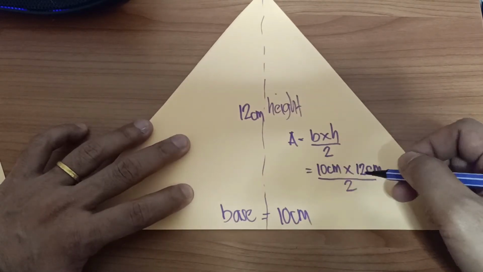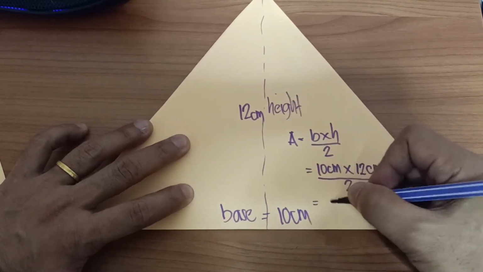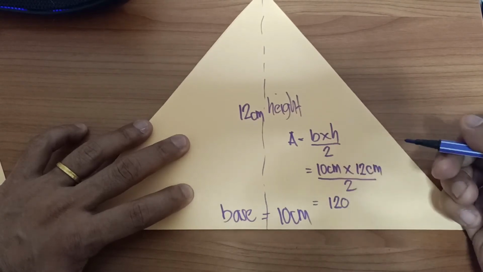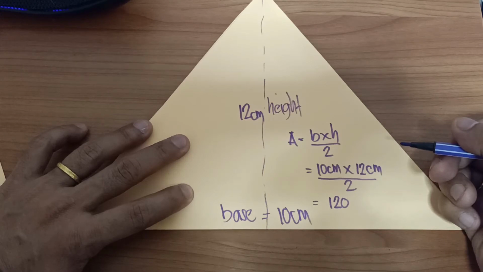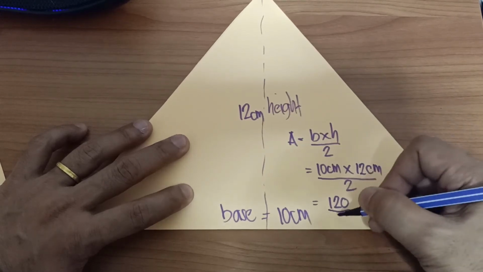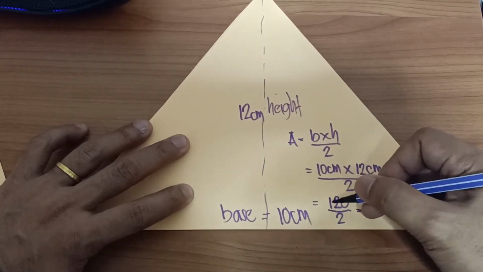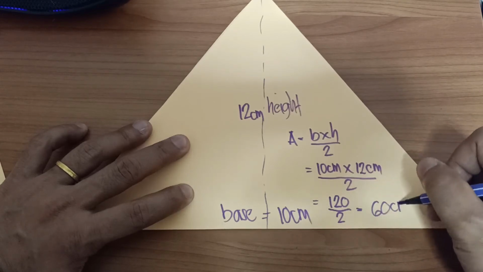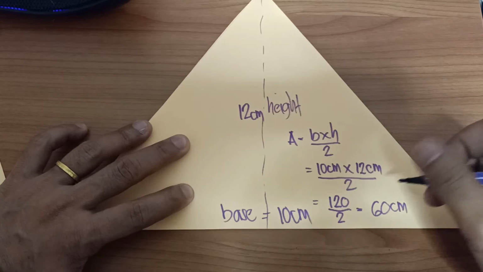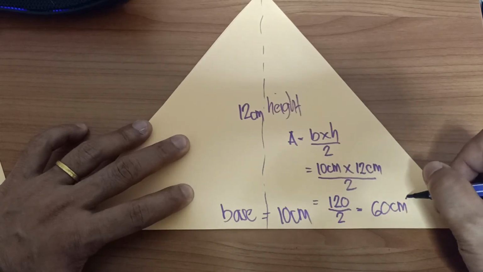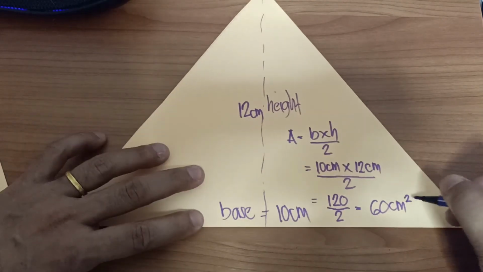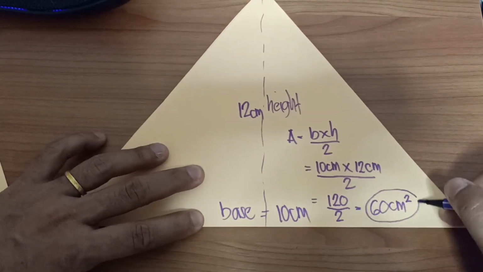What is 10 times 12? 10 times 12 is 120, divided by 2. So 120 divided by 2 is 60. Remember, this is area, so your answer will be in square. So the area of this triangle is 60 cm square.